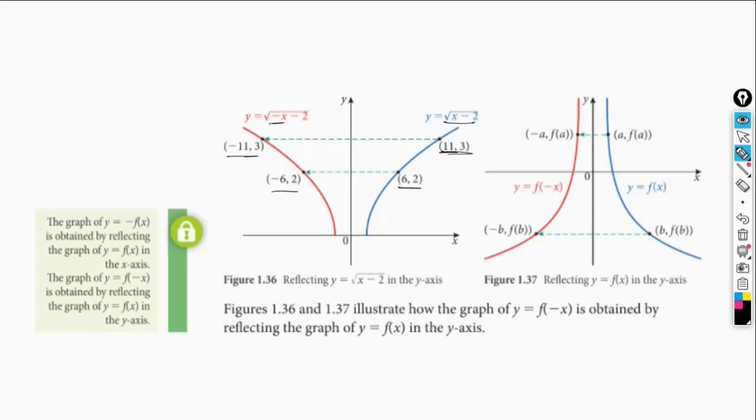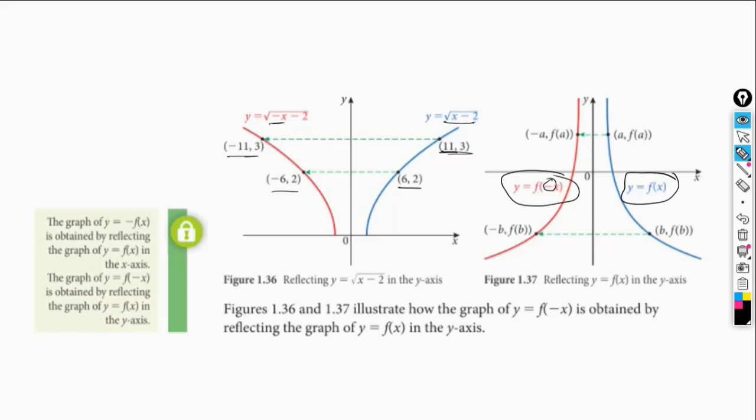In general, we have what the rule is. So the rule is, if you want to find the reflection across the y-axis of a function, what you do is y equals f of x should become y equals f of minus x. So notice that this is done by putting a negative in front of every x in the equation or in the function.